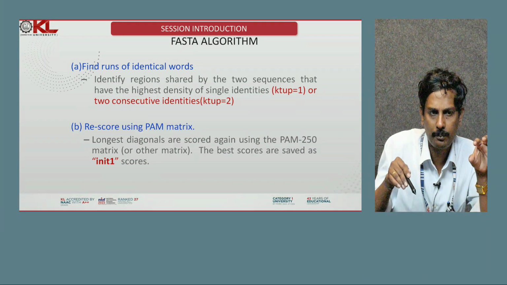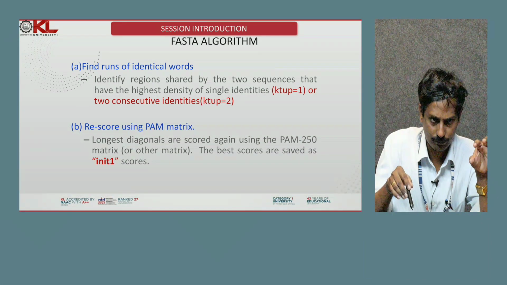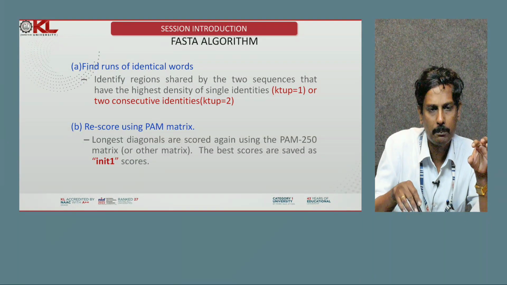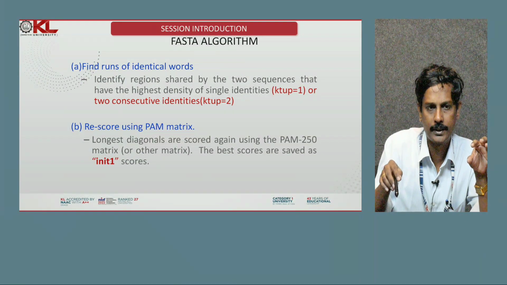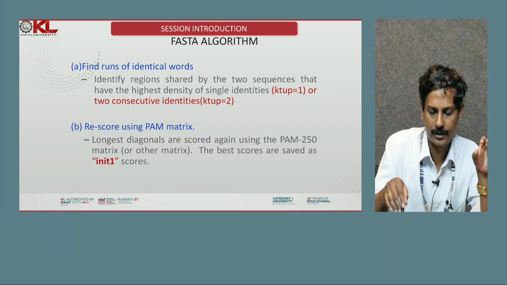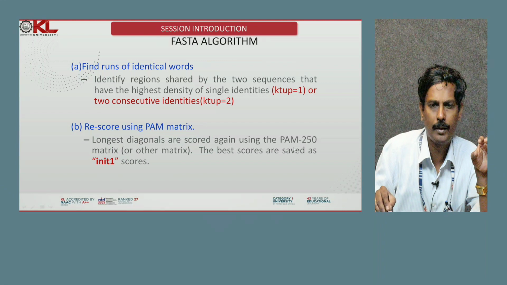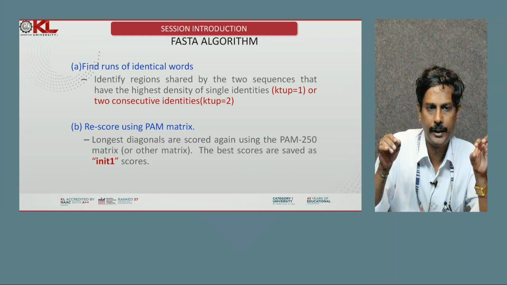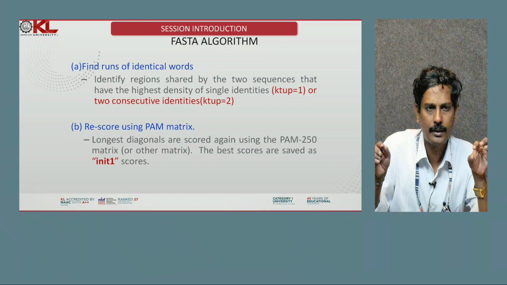Then another step is rescoring using the PAM matrices, percentage accepted mutation matrix. In this method, the longest diagonals are scored again using the PAM 250 matrix. The best scores are saved as the init1 scores. Do you understand?